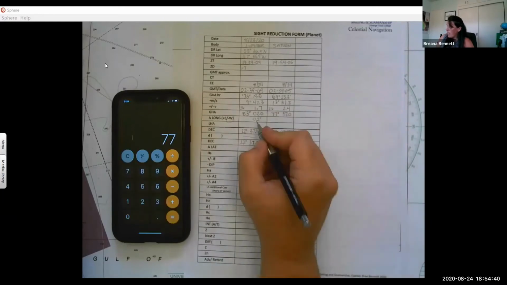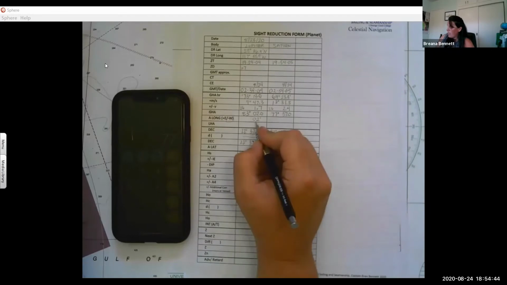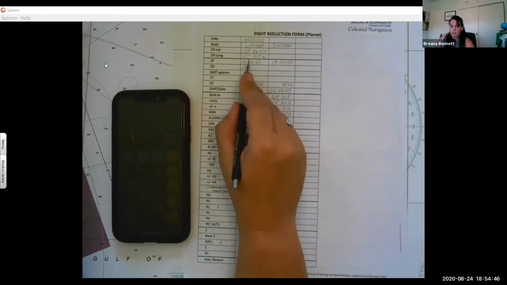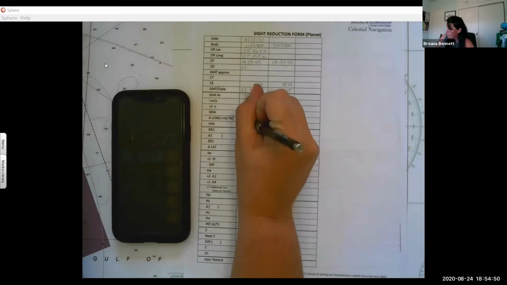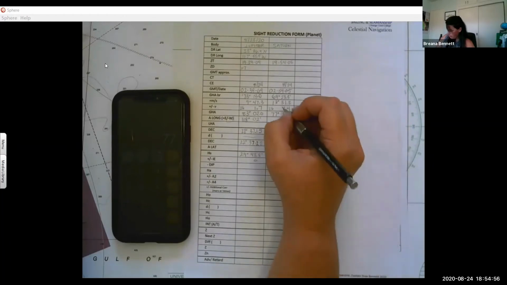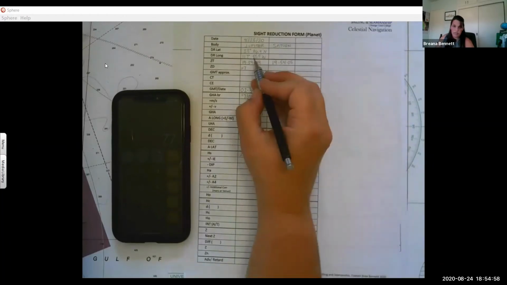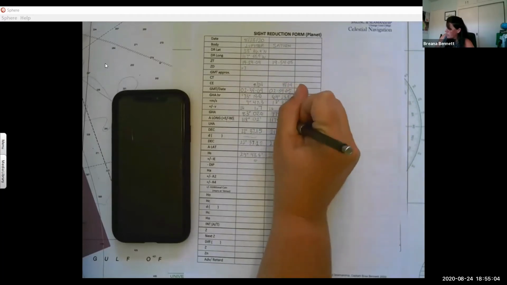And then I'm going to have 117 or 118. My 118 is going to be closest to my DR, so I'll use that. On this one, 57 is very close to 55. So I'm going to use 117 degrees 57.0 for that assumed position.